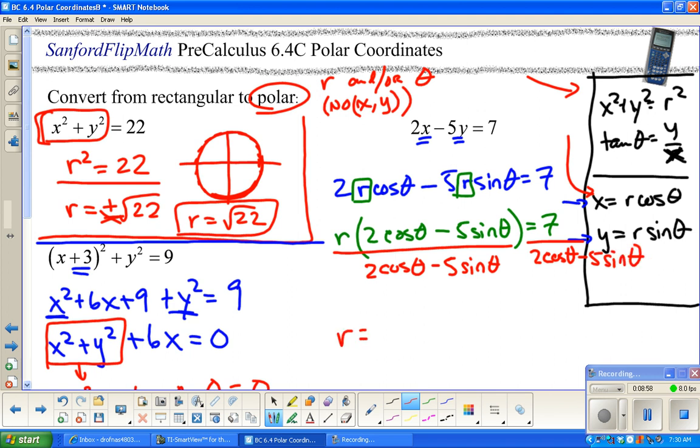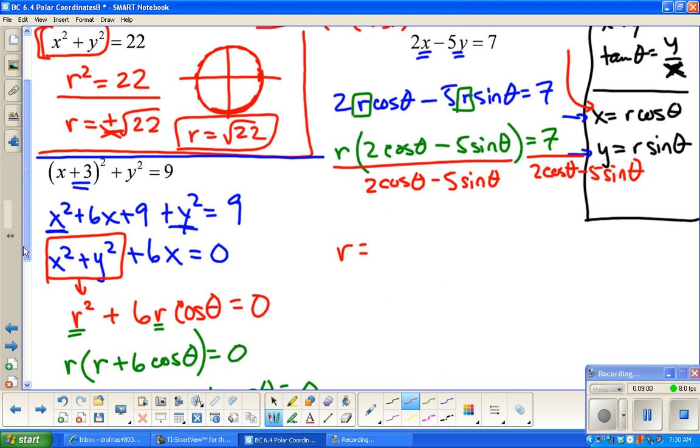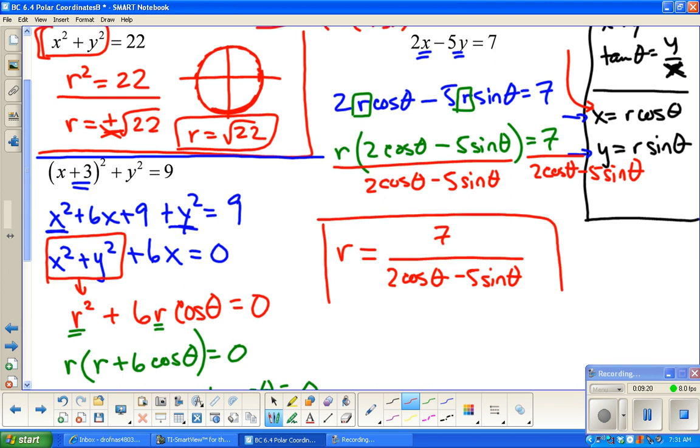So r equals 2 cosine theta minus 5. Oh, sorry, that was supposed to be on the bottom. Equals 7 over 2 cosine theta minus 5 sine theta. And what's amazing to me is this is what the equation of a line looks like.